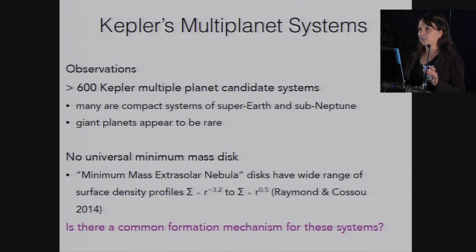Just with the different distributions of masses and architecture, it's so widely diverse that you end up with initial disks that have a wide range of masses, but also importantly, have a wide range of surface density profiles, a wide range of slopes. So having these wide initial conditions, can you still find a common mechanism to form these planets?